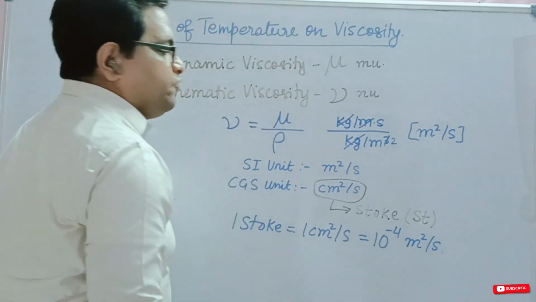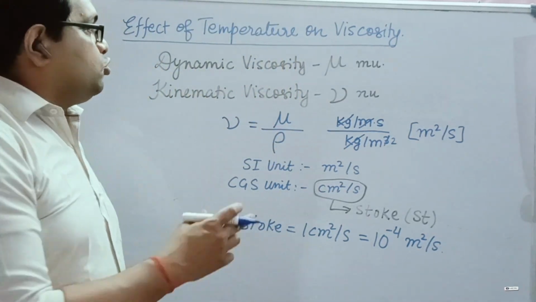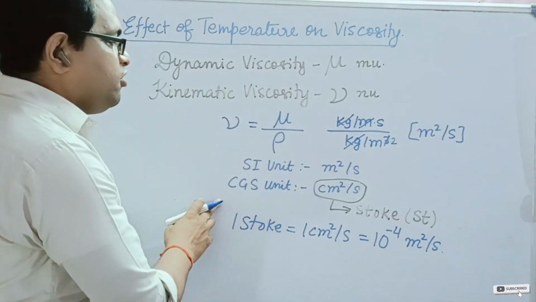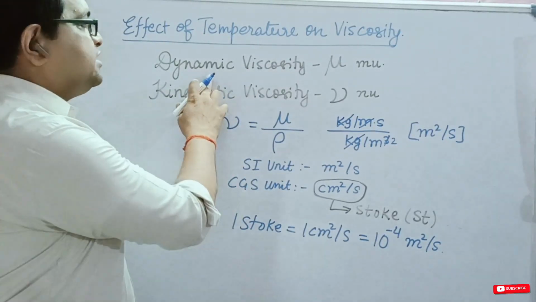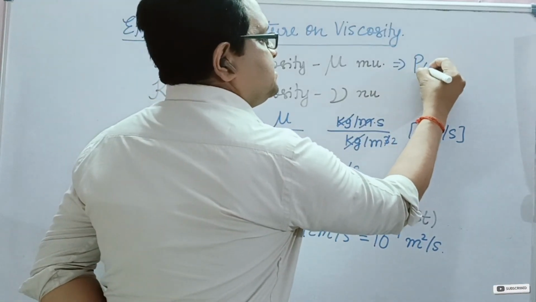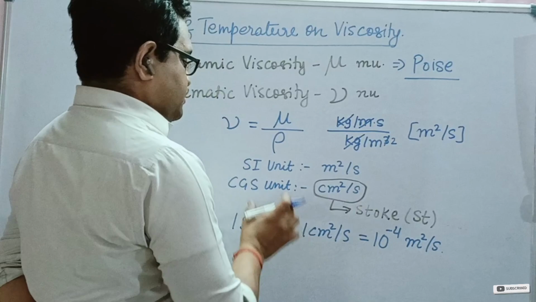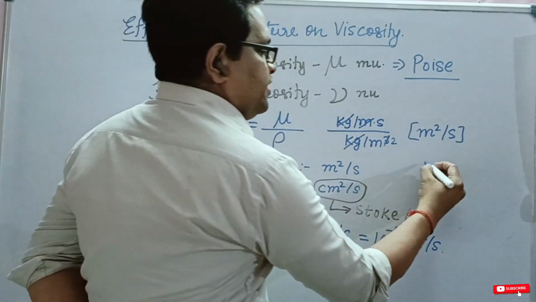So we have two special units for dynamic viscosity and for kinematic viscosity. In case of dynamic viscosity, we call it poise, and in case of kinematic viscosity, we call it Stokes.